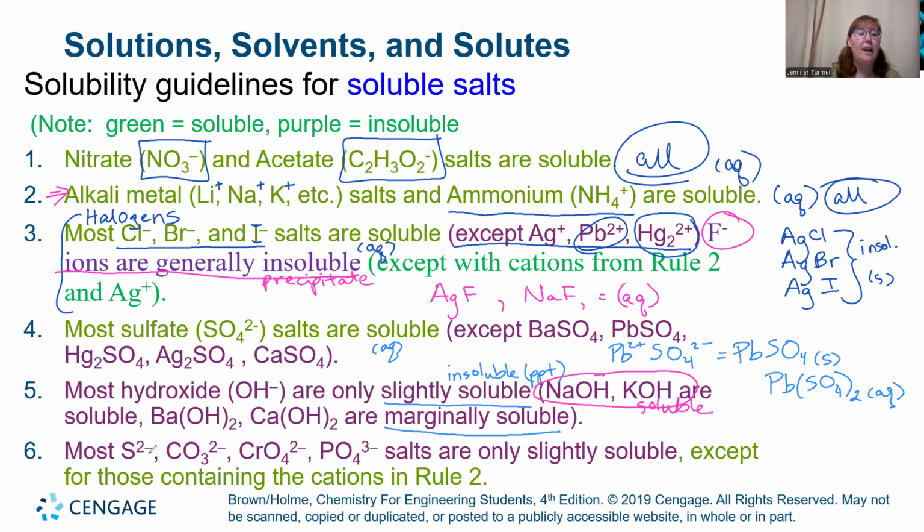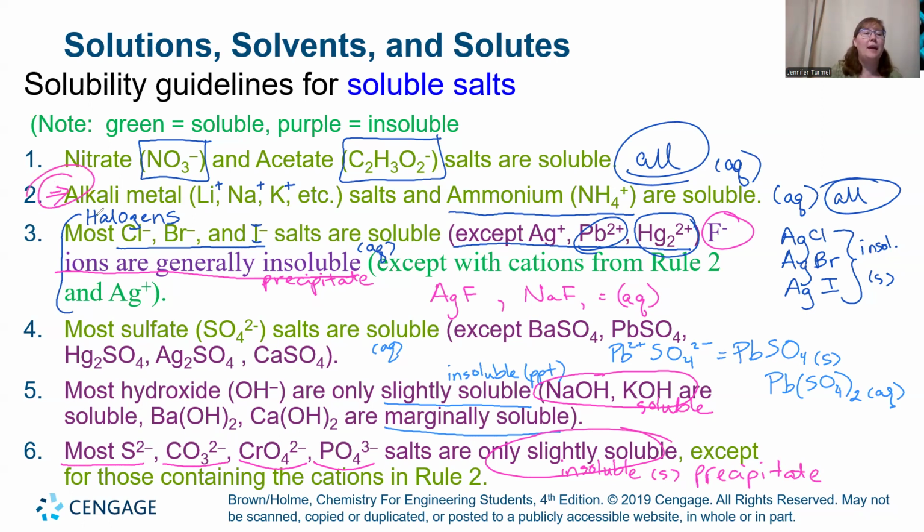And then down here we have sulfides, carbonates, chromates, and phosphates, which are only slightly soluble. Again, we lump those in with insoluble because they will form solids and they will precipitate out, except with the cations from rule 2.